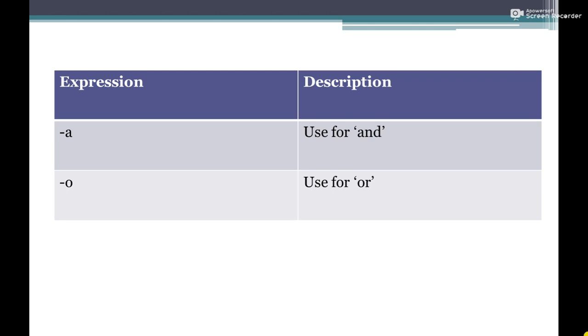And in OR, we can say -o, it will search for the true condition. That means from all of these conditions, if any one condition is true, then it will display the true message. Suppose we take the example that we have 5 conditions.